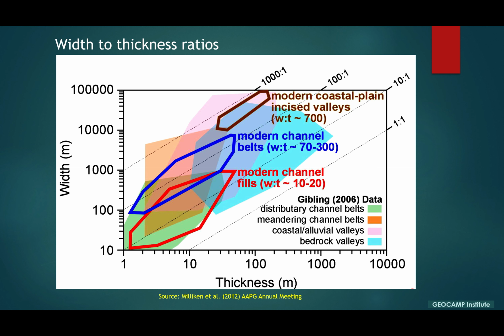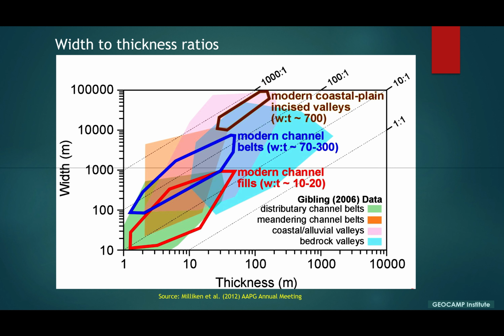In this chart, coastal plain incised valleys have a width to thickness ratio of approximately 700. Modern channel belts are lesser, in the 70 to 300 range, give or take. And at the scale of the channel field, we have a much lower ratio, in the values of 10 to 20.